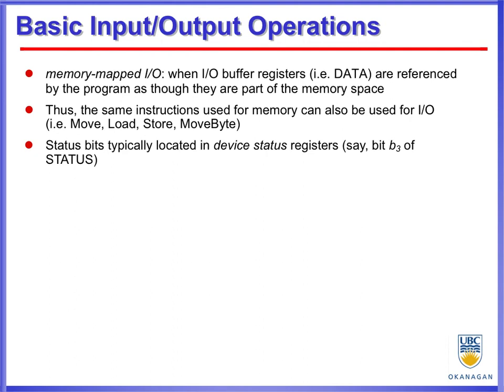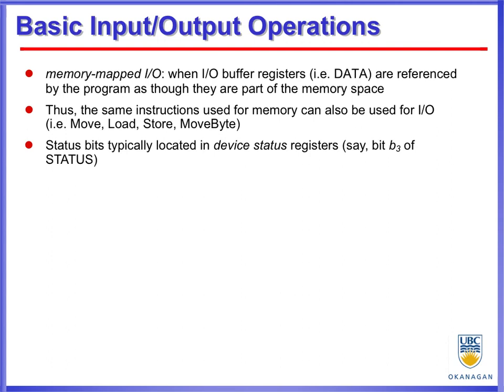To do that, these registers in the interface circuitry on the keyboard and in the display have to be accessible by the CPU in the processor, just like the CPU can access its own registers. We call this memory mapped I/O. So the CPU can access these registers in the keyboard and in the display just like it can access its own registers or memory addresses in the main memory unit.